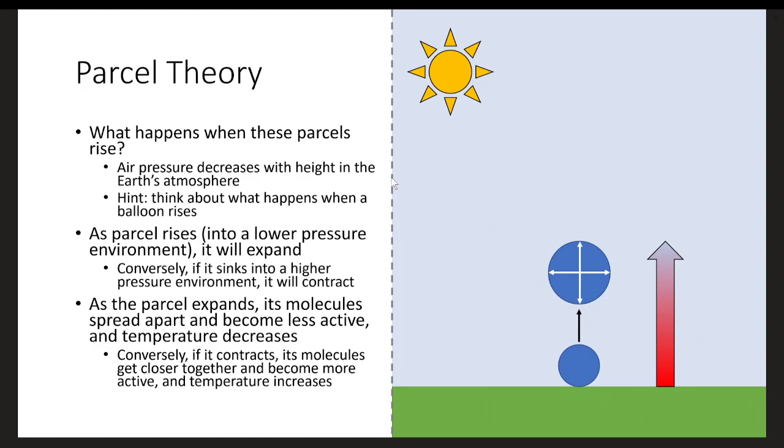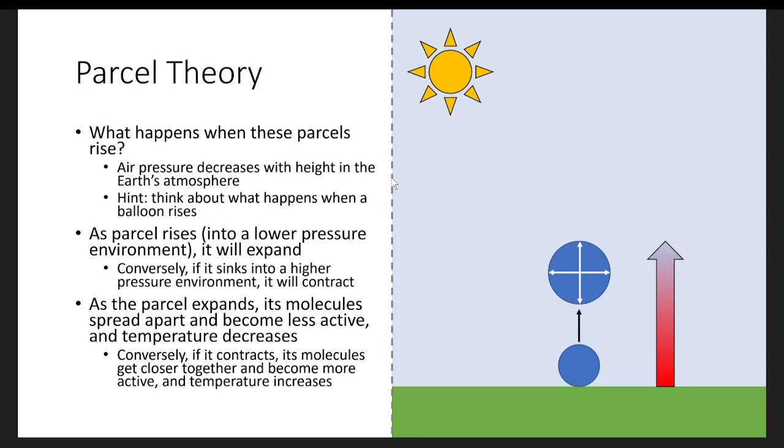As an air parcel moves up, it expands. And if it sinks, it will contract because more of these molecules are there to push down on it. As this parcel expands, its molecules spread apart, and they're not hitting each other as much. They cool down. So a parcel rises, it expands, and it cools off.